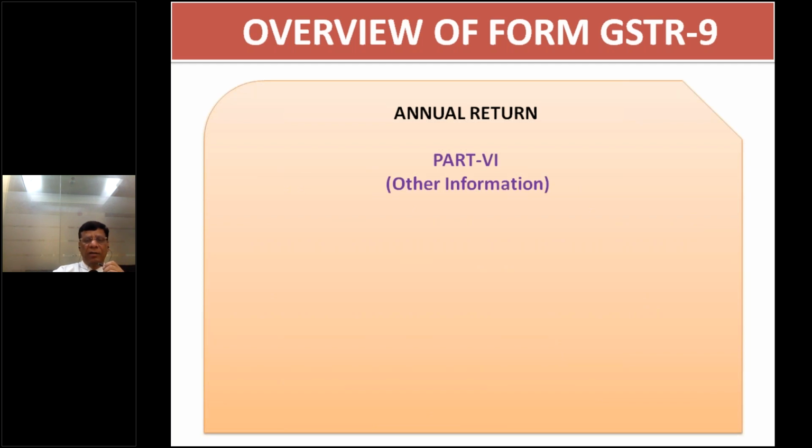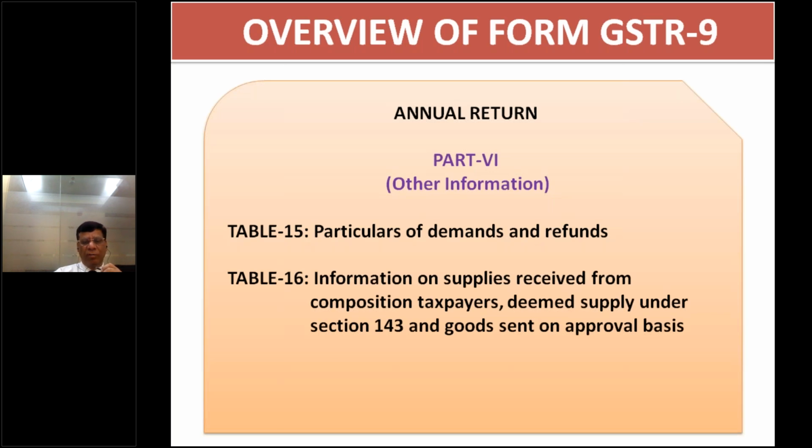Now, part 6 contains other information, like table 15 talks about particulars of demands and refunds. Table 16 talks of information on supplies received from composition taxpayers. You see, while filling either form 3B or GSTR 1, the taxpayers never demanded from us this information, that how much purchases you have made from composition taxpayers.